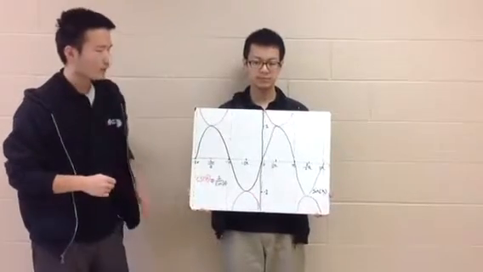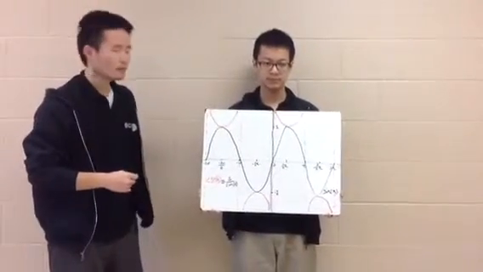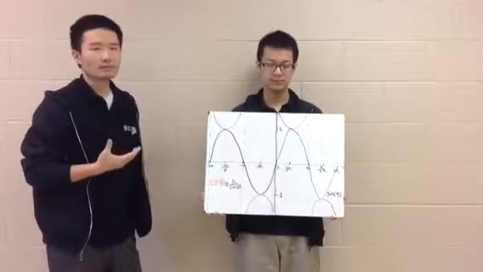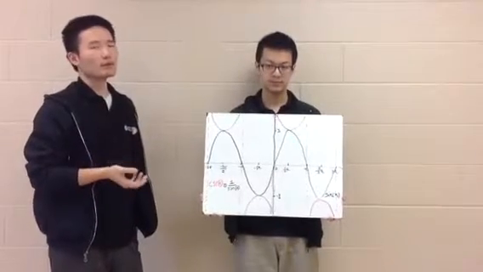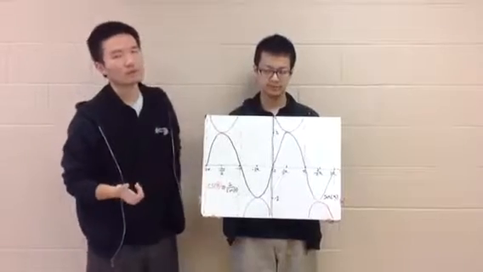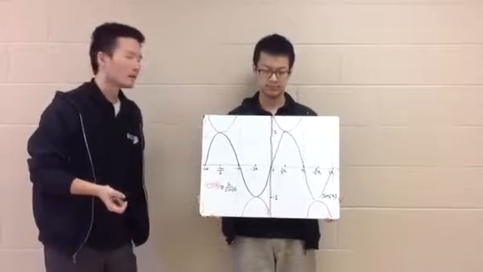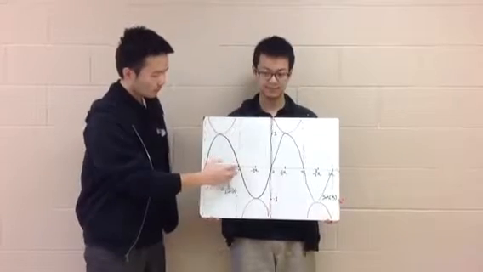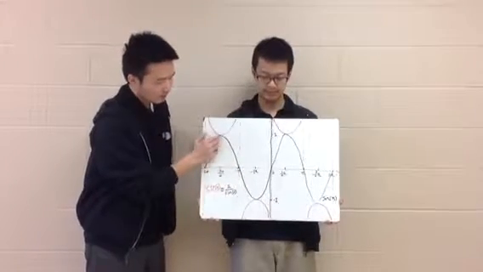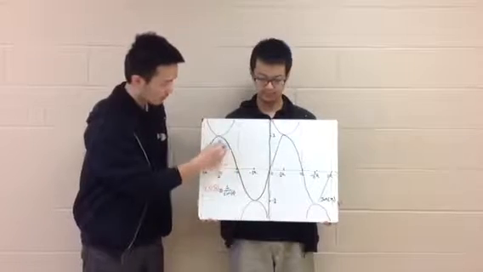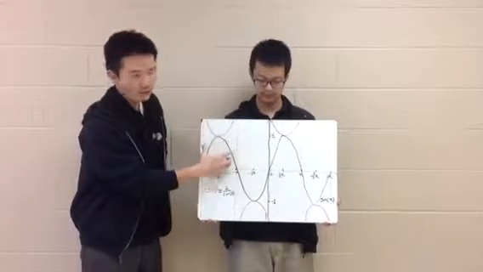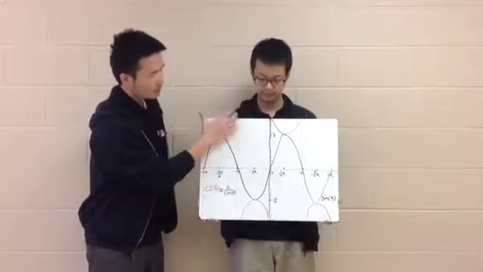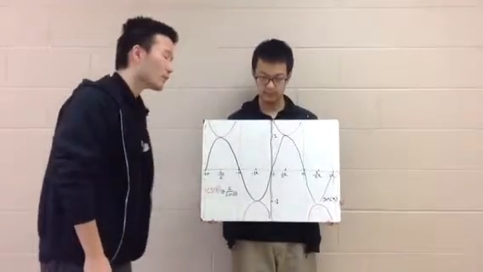As sine x goes to 0 from the positive side, we get a positive, very, very small number, like 1 over 0.0001, and we'll get positive infinity. So when sine x goes to 0 from the positive side, that's this line, and the graph of cosecant x goes to positive infinity.